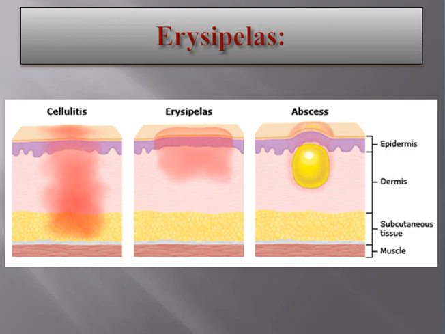Insect bites, stasis ulceration, surgical incisions, and venous insufficiency have been reported as portals of entry to the skin. Some risk factors that predispose people to develop erysipelas are obesity, lymphedema, athlete's foot, leg ulcers, eczema, intravenous drug abuse, poorly controlled diabetes, and liver disease.